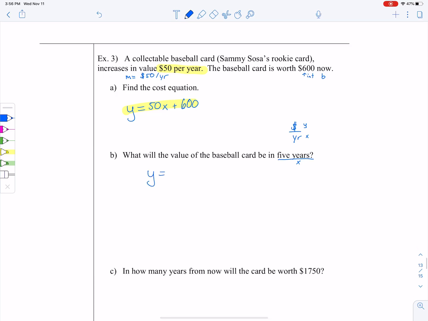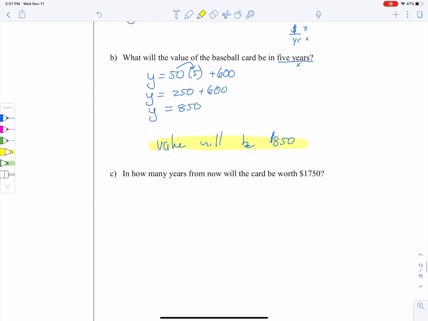So Y is equal to 50, then we'll put 5 in here for X value, plus 600. Y is equal to 250 plus 600. Y is equal to 850. So the value will be $850.